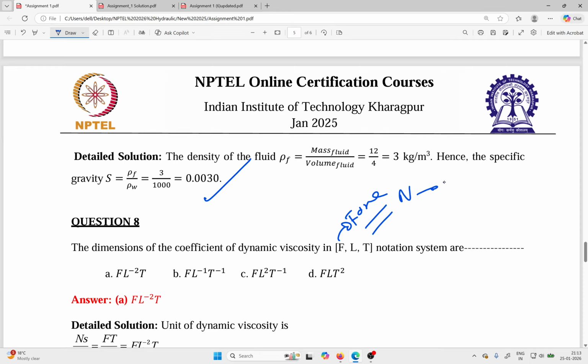For Newton you can write directly F. No need to go with the mass into acceleration. When you convert force in terms of mass, you need to write mass into acceleration. Mass is kg and acceleration is meter per second square, so MLT minus 2 for the force. But here you need to write directly F for Newton.